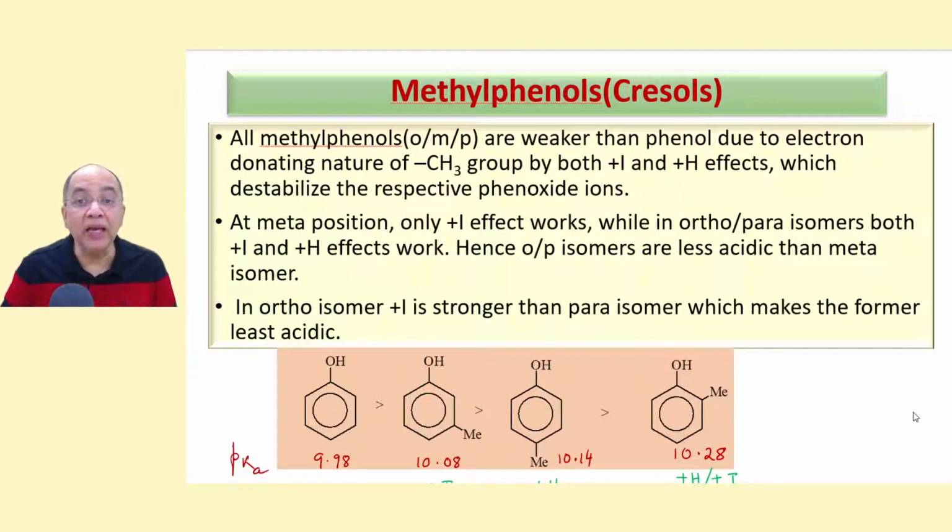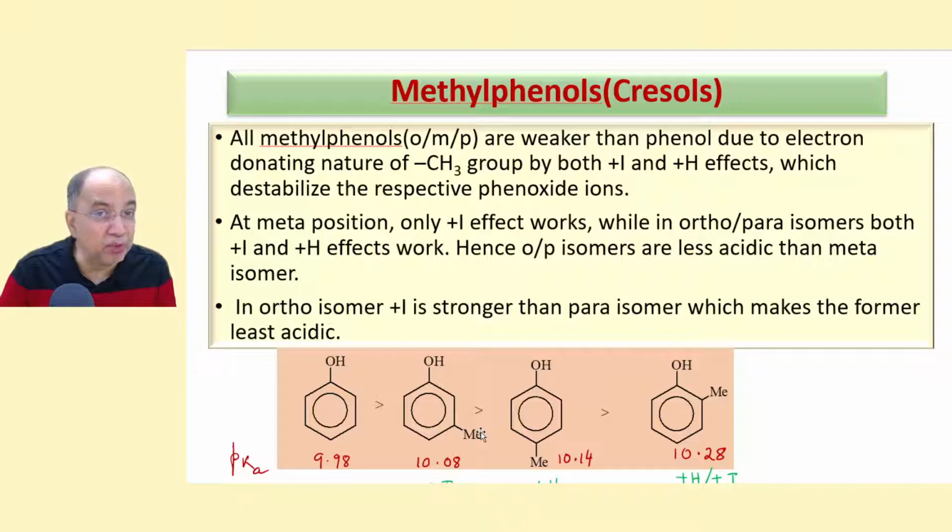Coming to methyl phenols or cresols. All methyl phenols should be less acidic than phenol. Yes, we find the same, because of the plus H hyperconjugation effect, all of them will be less acidic than phenol. Out of them, ortho and para are least acidic because of the hyperconjugation effect in the ortho-para position.